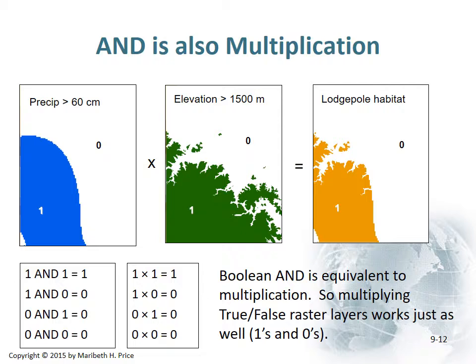So both conditions being true, 1 and 1 equals 1, that's the same thing as 1 times 1. 1 and 0 equals 0, 0 and 1 equals 0, 0 and 0 equals 0. All of those are multiplying by 0, essentially. So Boolean AND, if you're using Boolean inputs, remember that the result is going to be essentially multiplication.